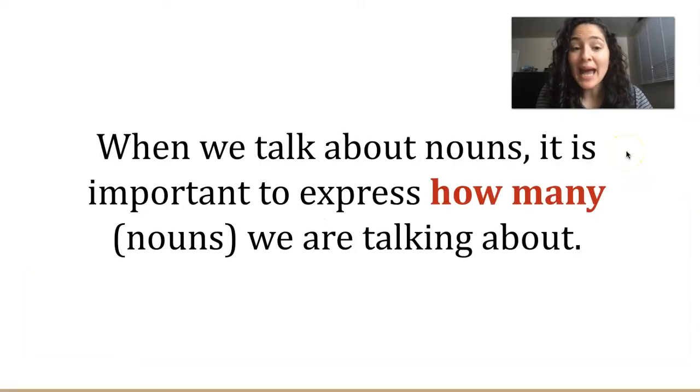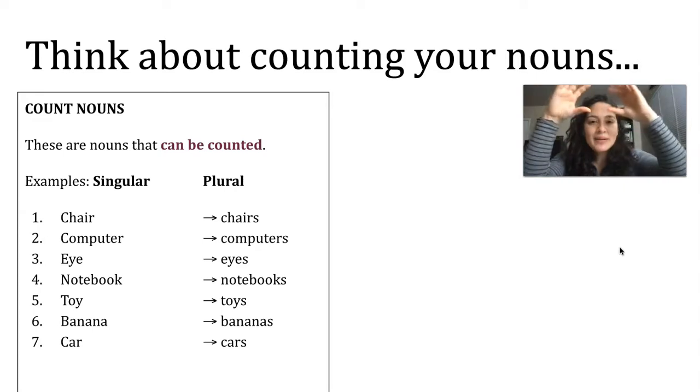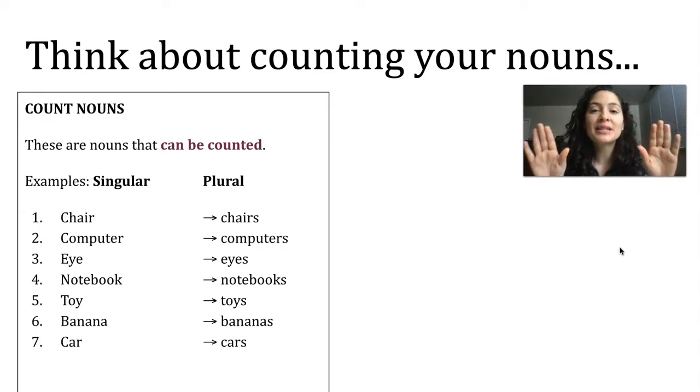When we talk about nouns, it is important to express how many nouns we are talking about. We want to show how many. So it's important that you think about counting your nouns. When we think about nouns, noun is the main idea, but then we have two different types of nouns.